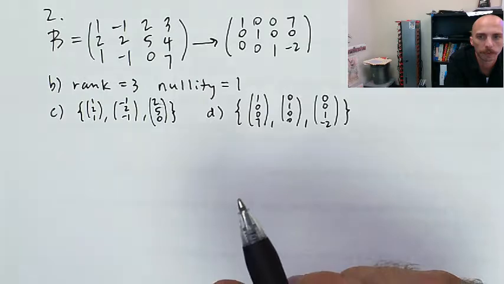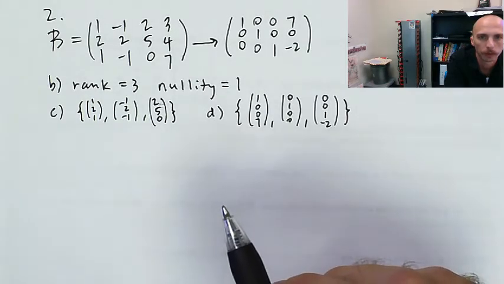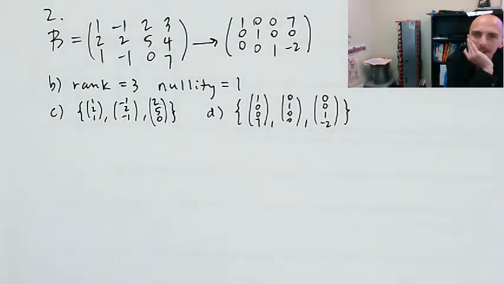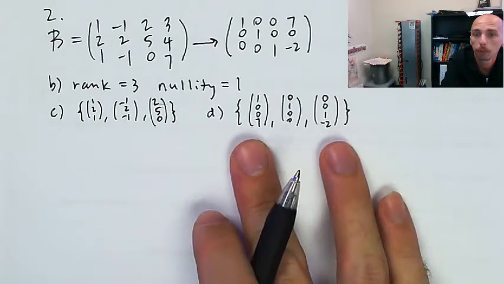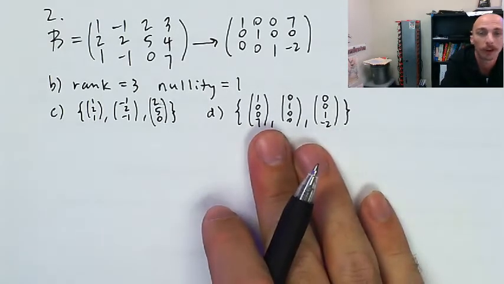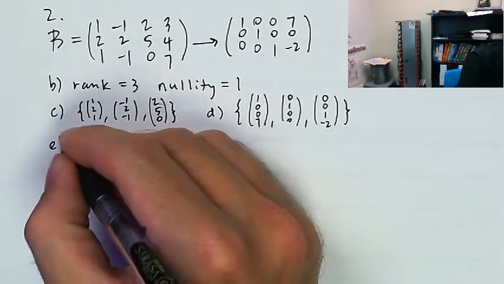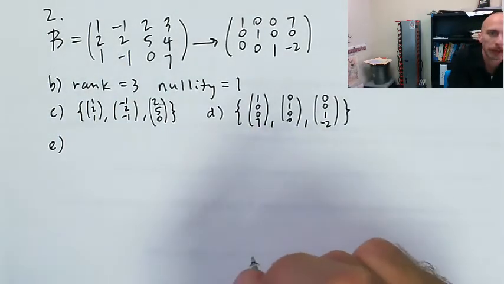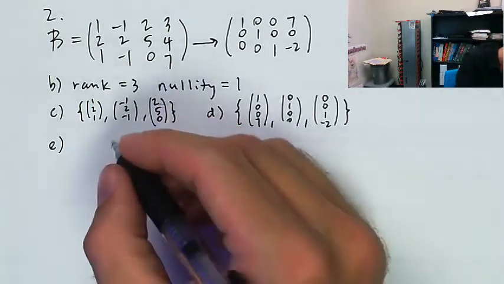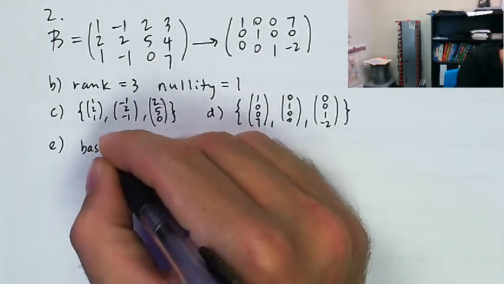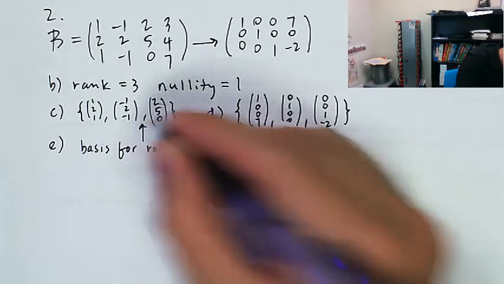Okay, find bases for the row space and column space of B transpose. I feel like there's a finesse technique I'm not seeing here. Well, this is going to be a basis for the column space of B transpose because the column space of B transpose is the row space of B. Okay, so the one for the row space of B transpose, that would be, oh, yeah, that one.